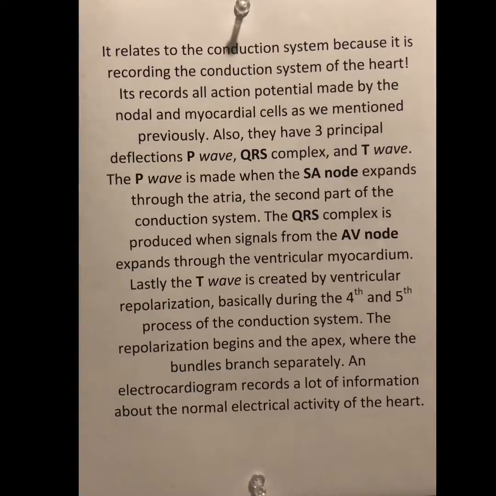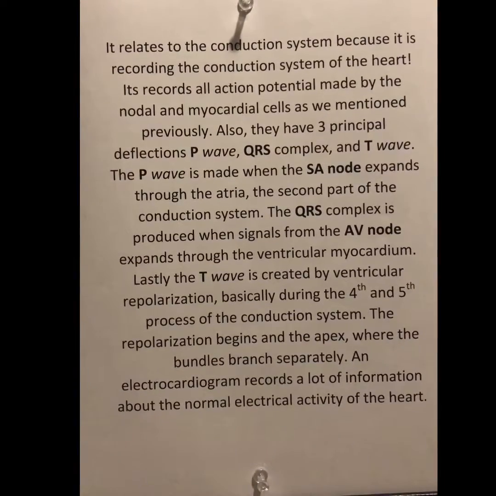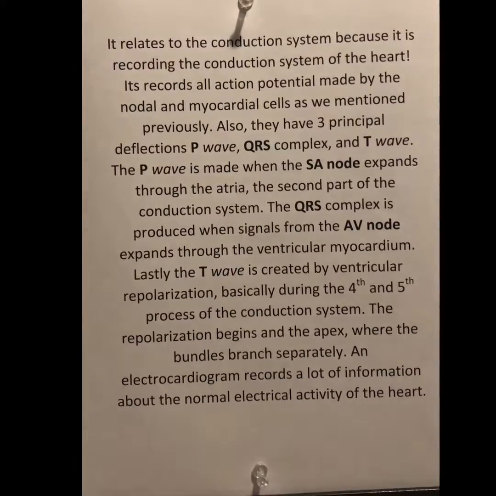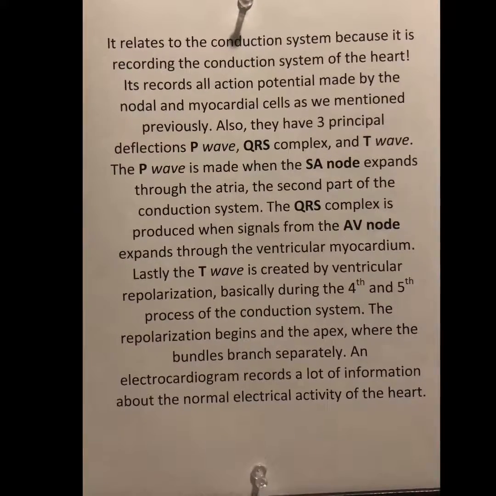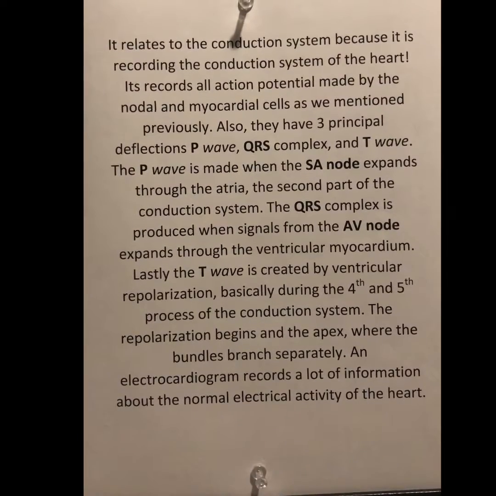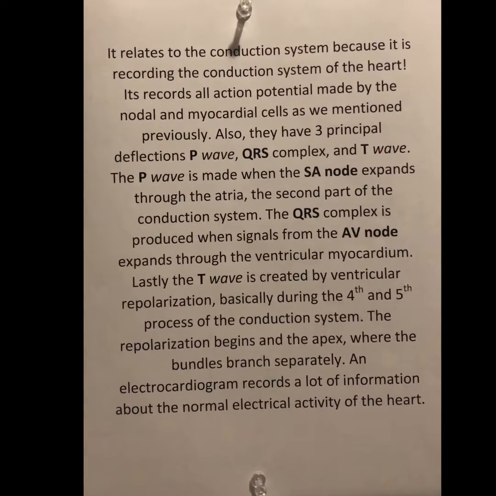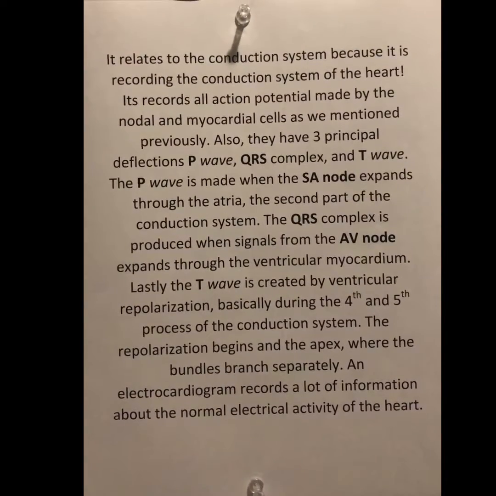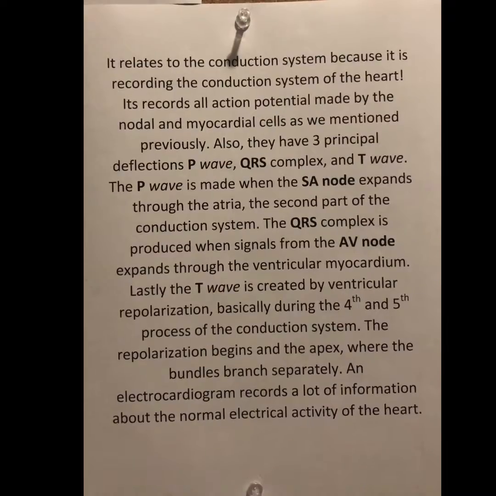Lastly, the T wave is created by ventricular repolarization, basically the 4th and 5th process of the conduction system. The repolarization begins in the apex where the bundles branch separately. An electrocardiogram records a lot of information about the normal electrical activity of the heart.